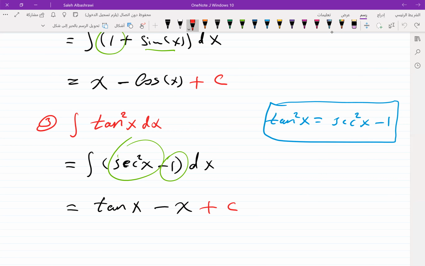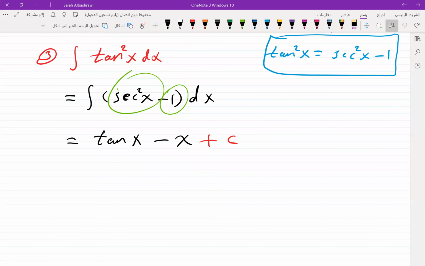Let's take one more. Number 4. Integration of sine squared x over 2 dx. Since I have this sine to power 2 and I don't have a direct function that, when I differentiate, I will get sine squared, we have to manipulate this one or just use some identities.